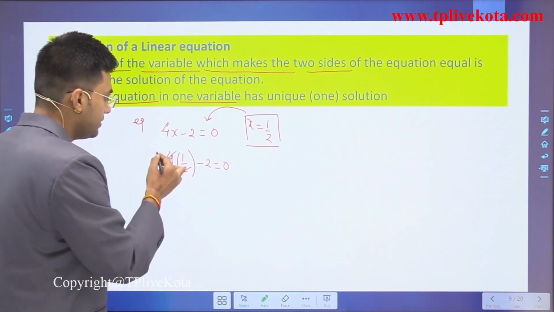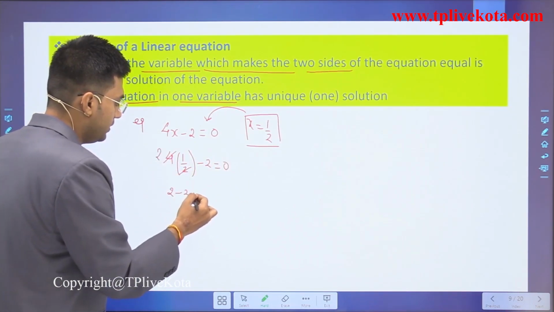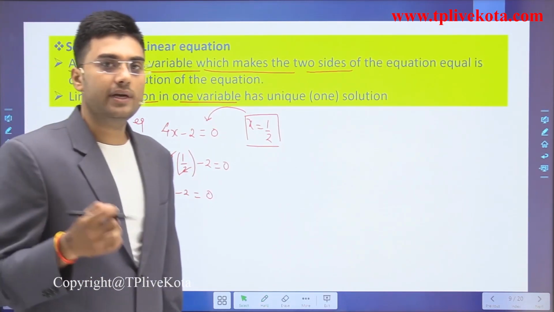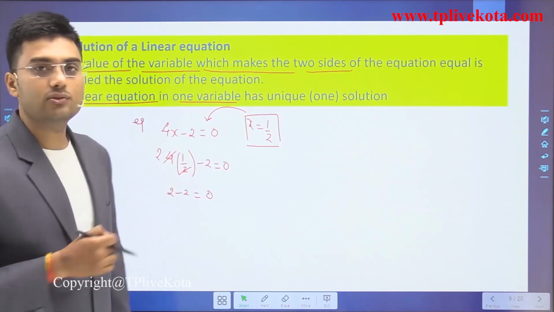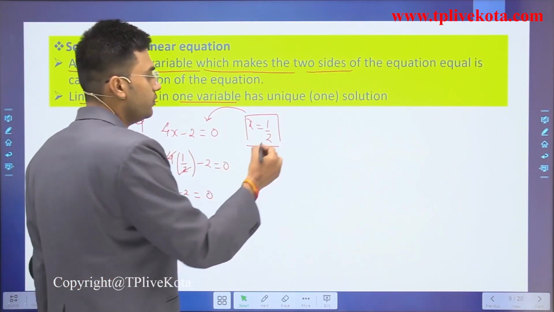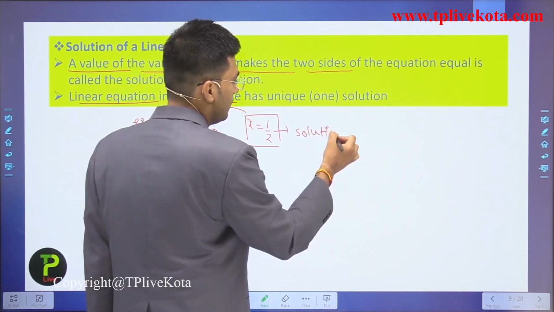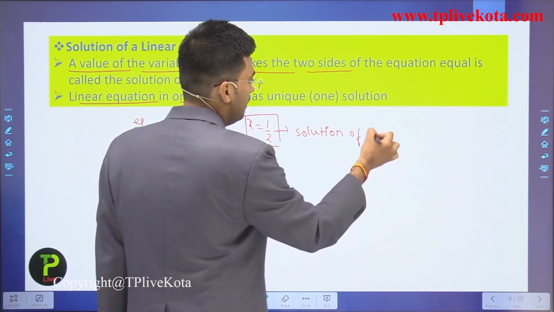So it becomes 2 minus 2, that is equal to 0. So x equal to 1 by 2 equates both sides of the equation. So x equal to 1 by 2 is a solution of the linear equation.